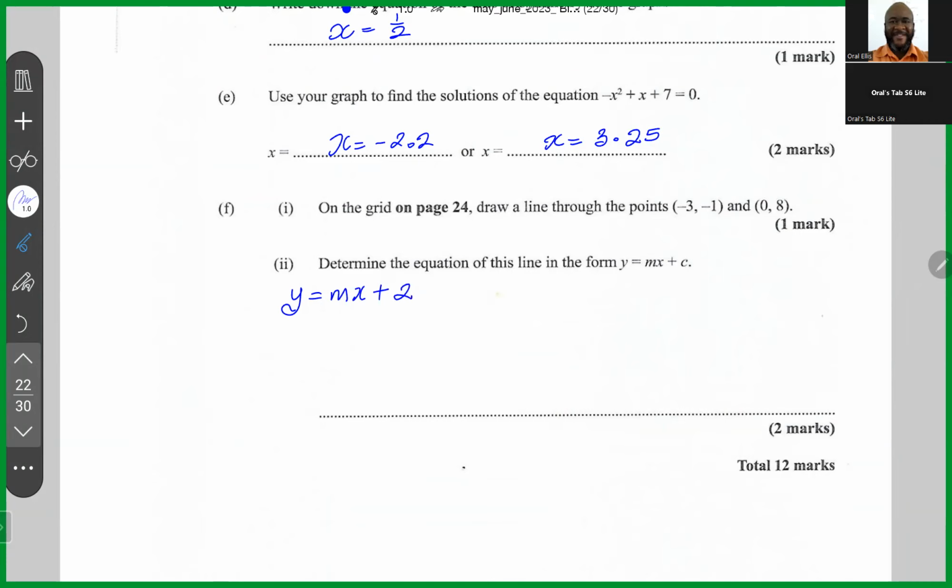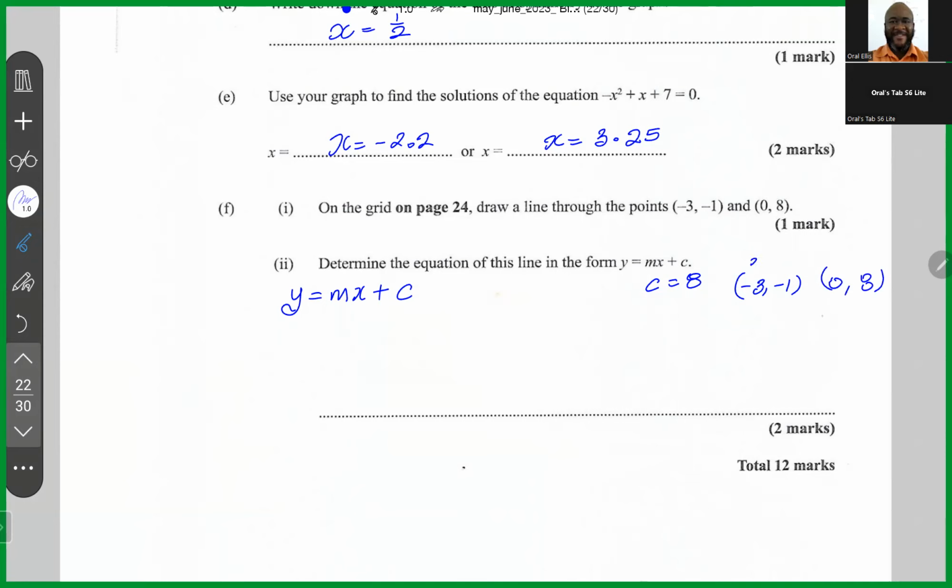If I want to determine the equation of a linear graph, I need to know the gradient m, and I must know the y-intercept c. Well, the y-intercept c, that's easy, it's 8. The y-intercept is where the graph cuts the y-axis. Now I need the gradient. I have two points: -3, -1, and 0, 8.